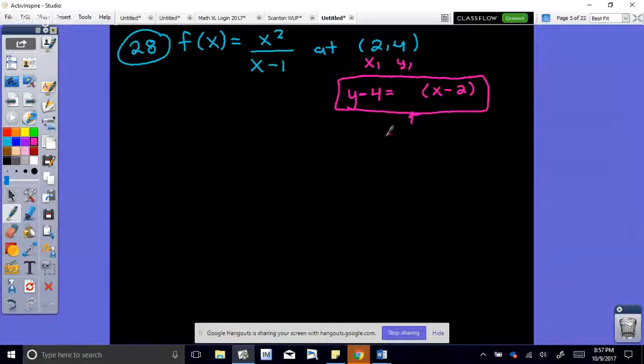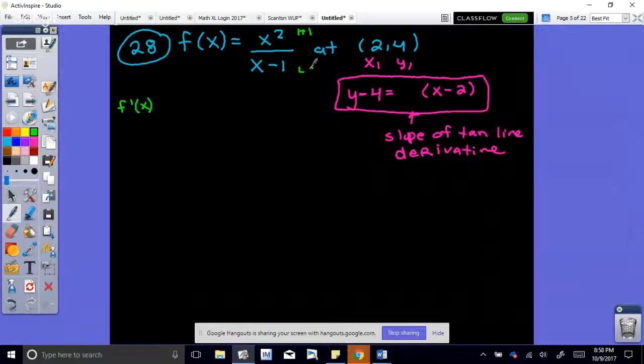Okay, what we need to find here is the slope of this tangent line. And we know the slope of the tangent line is the same as the derivative. So I'm going to take my function and I'm going to find its derivative. Again, we have a fraction, and it can't just be simplified by dividing, so I'm going to use the quotient rule.